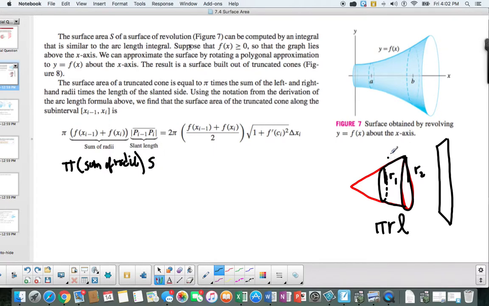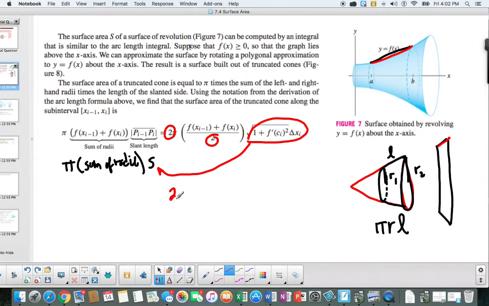Now, this is our slant height. We usually call it L, and our slant height right here, from here to here, will be replaced with the arc length. So this arc length right here is actually our slant height. This portion represents this, and we're going to introduce a 2 in the numerator and a 2 in the denominator, and this part represents the average of the two radii.